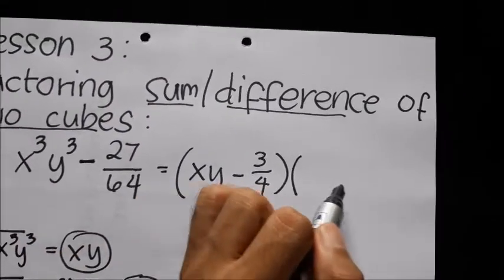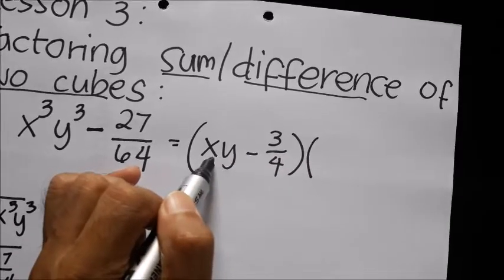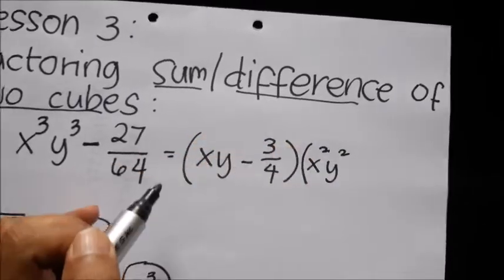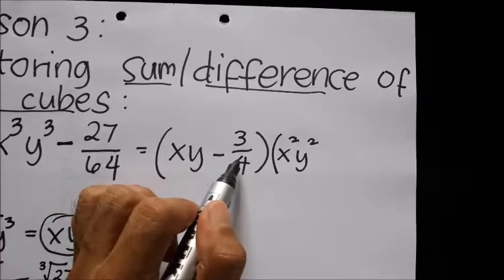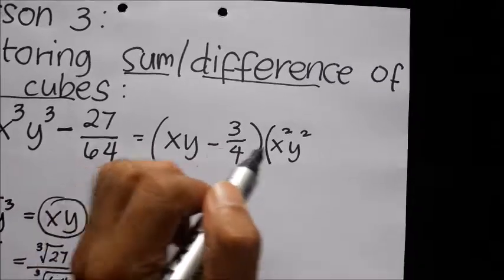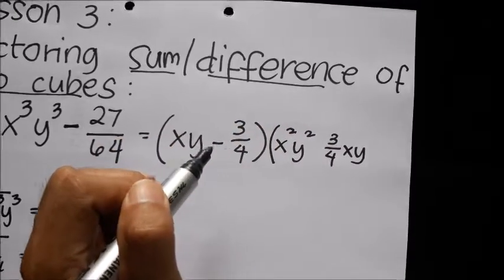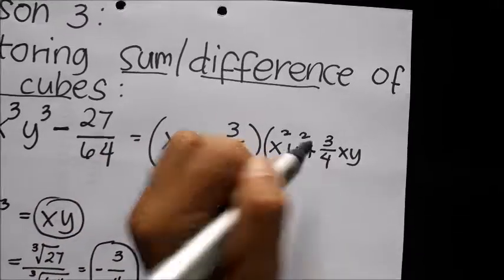So to get the trinomial factor, yung nandito, i-square mo yung unang term, that is x squared y squared. Pangalawa, i-multiply mo tong dalawa: 3/4 times xy, that is 3 over 4 xy, and get the additive inverse, that is negative 3/4 xy. Get the additive inverse, that will become plus.